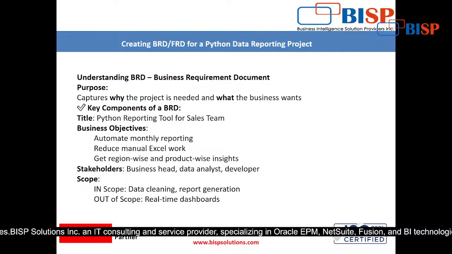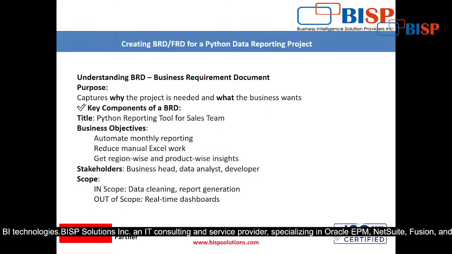For example, in scope, suppose I ask you to give me the list of all your employees, whatever Excel sheet you provide me, I will clean the data, that is my responsibility. But if you ask me to go to every department and note down the names, that will be out scope, because developers are not supposed to do all these things, neither the business analyst.